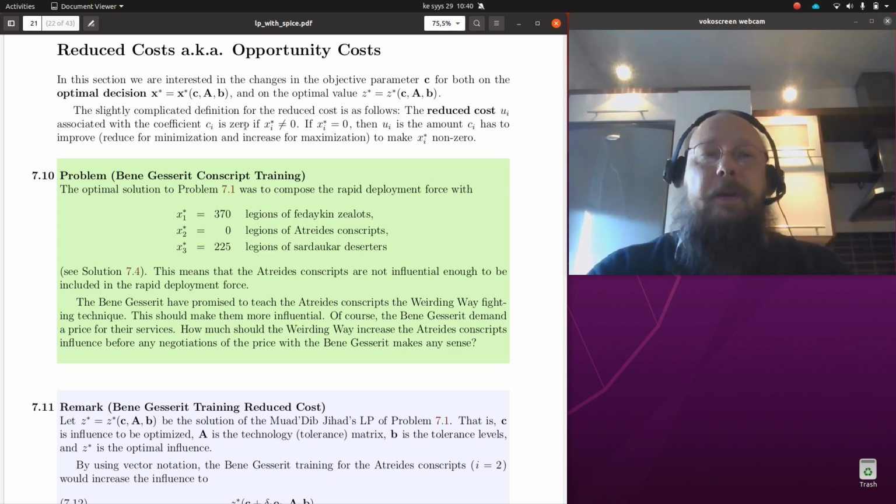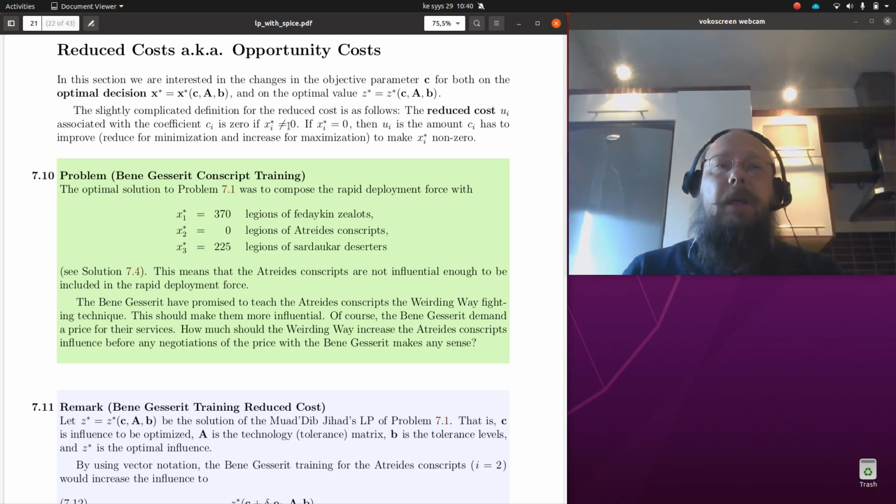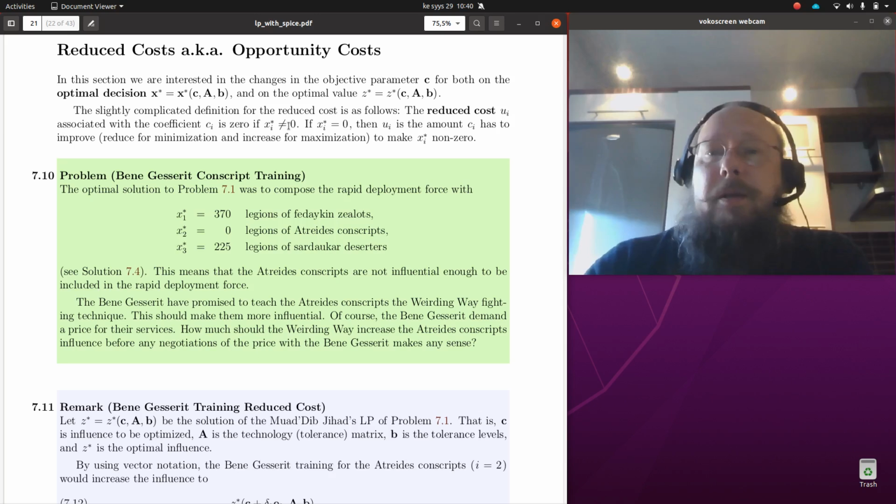If x_i star, meaning the value of the decision variable x_i at the optimum, the component of this x star, is not zero, for example in a product selection problem, then the reduced cost associated with it is zero.